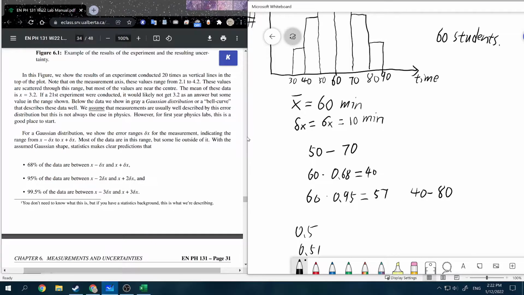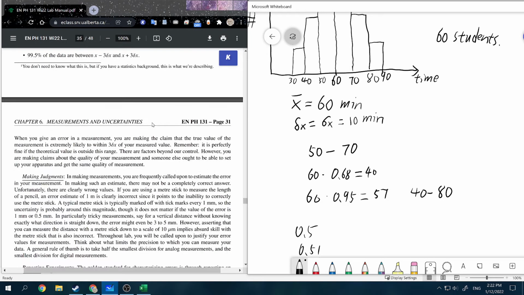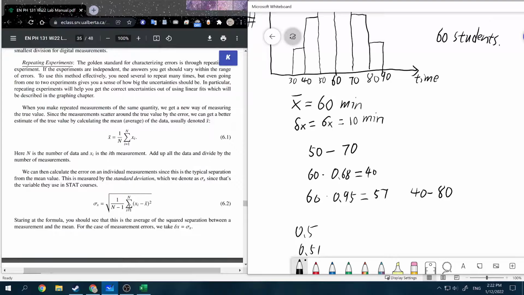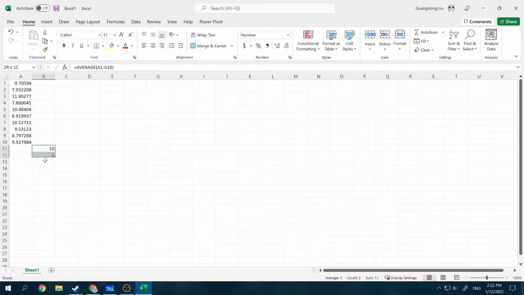And how you calculate this 60 is that you use this formula and that formula. And this formula is calculating your standard deviation. Let me just show you how you go about doing this in our Excel sheet. Okay, so let's say I want to measure something that is about 10 centimeters.